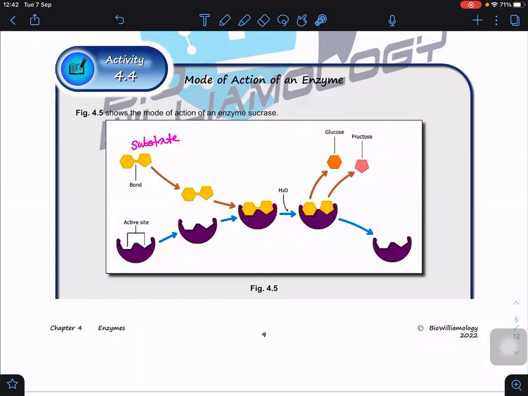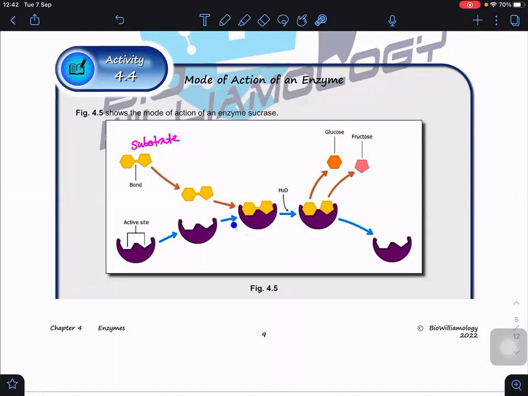So therefore, the substrate binds to the active site by forming temporary bonds. You do not need to mention hydrogen bonds or ionic bonds. It's okay, just say that it forms temporary bonds, in general.